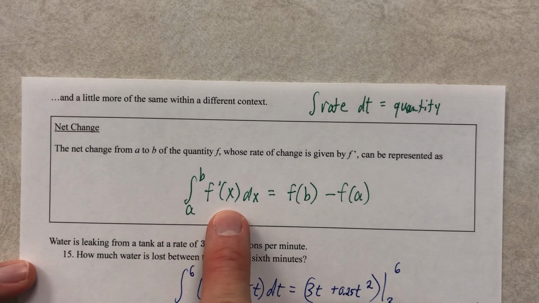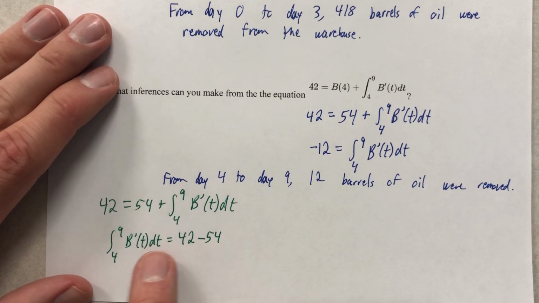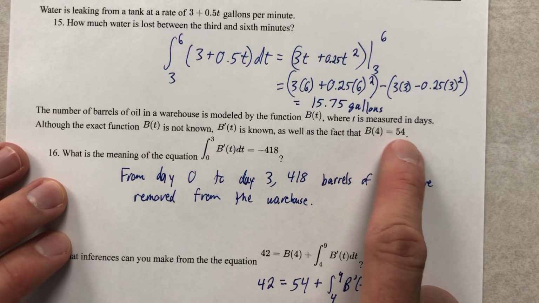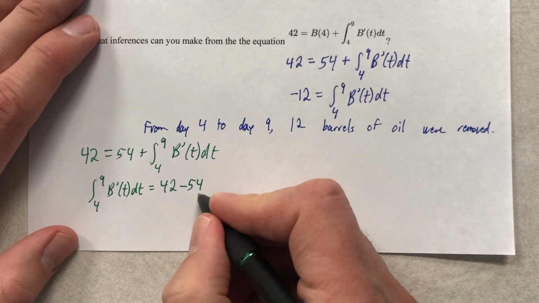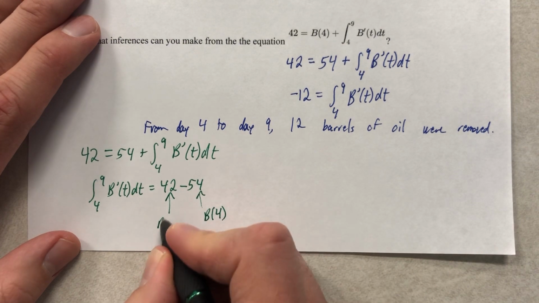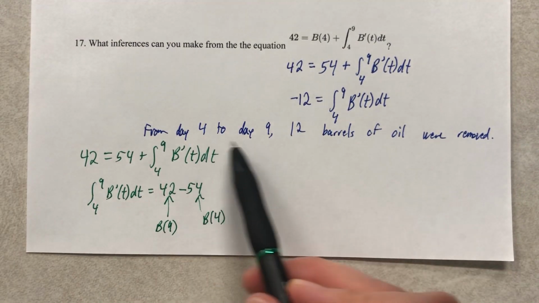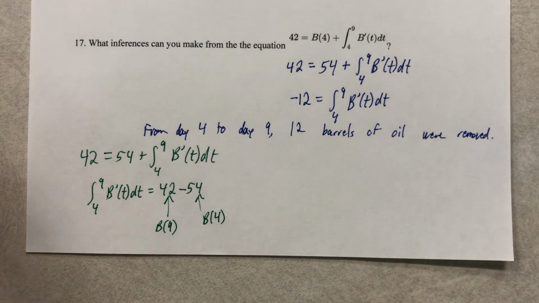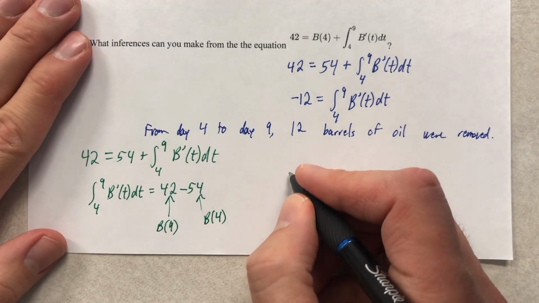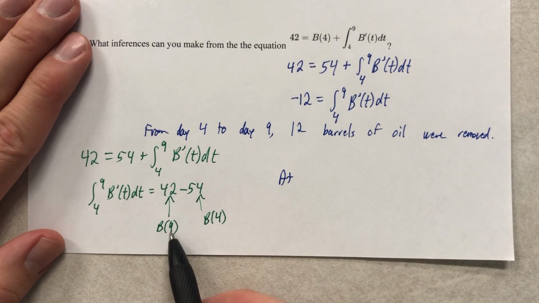So the integral of a rate gives me this, which means, well, 54 was B of 4, right? So if this right here was B of 4, then this must be B of 9. So when they said, what inferences can you make? Okay, well, we did that, but now let's make inference number 2. At the end of day 9, and I say at the end of day 9, otherwise this number might not be 9, it might be 8.5 or 8 point whatever.